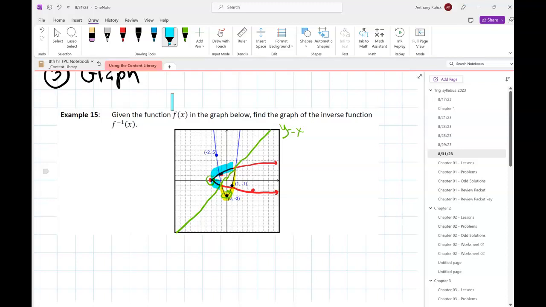That makes sense to me. Does that feel okay, guys? Do you remember that the inverse is a reflection across the line y equals x? Some of us may, some of us might not. Either one is okay. So as an aside, if I look at f inverse, is that a function?